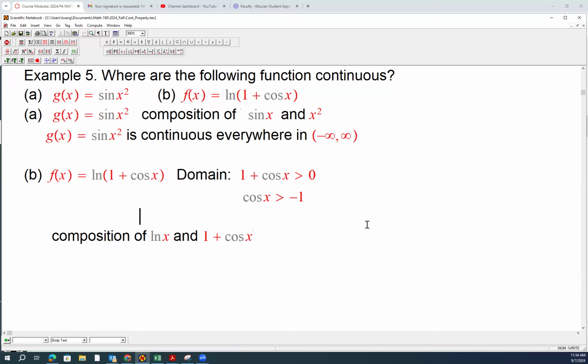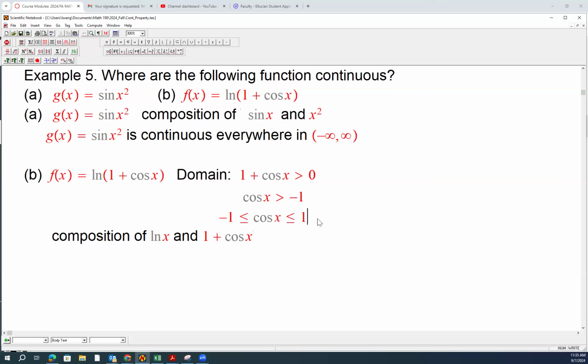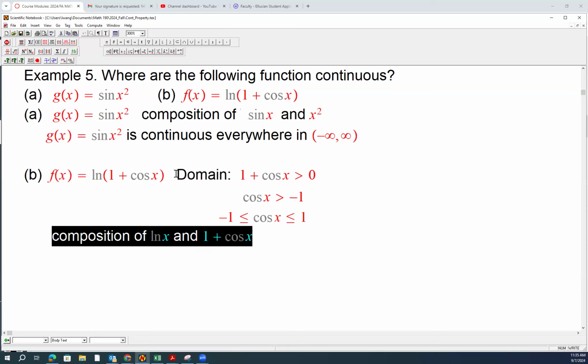We understand cosine x is always between -1 and +1. So how do we combine these two conditions? Cosine x cannot be equal to -1, in other words. Anything larger than -1 is okay. Cosine x is always greater than or equal to -1. So we just have to eliminate.